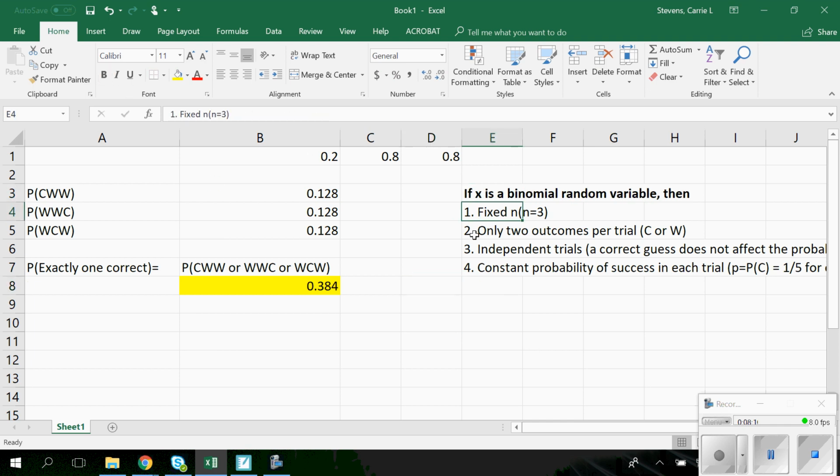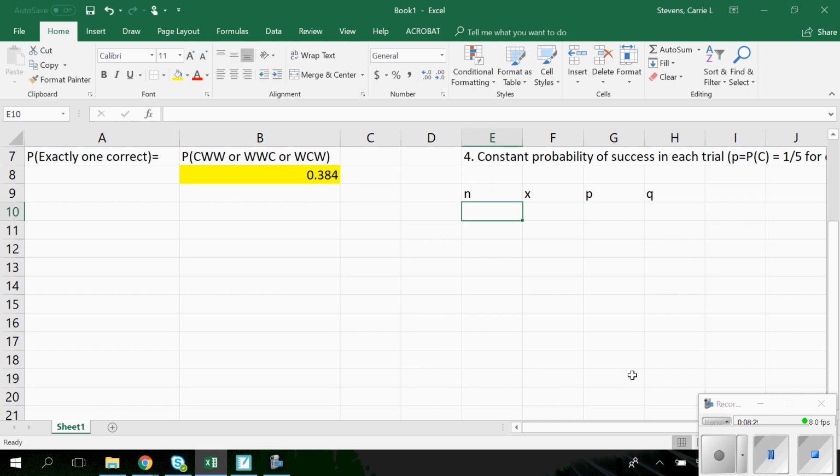All of these check. So if we can figure out what n, x, p, and q are, then we can use the binomial probability formula. n is obviously 3 trials. Since we're trying to find the probability of exactly 1, x is going to be 1.